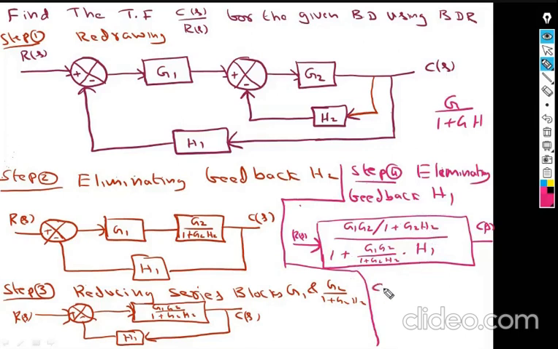So finally we will be getting the transfer function C of S by R of S as, in the numerator G1 G2, divided by, in the denominator, 1 plus G2 H2 plus G1 G2 H1. That is the final answer.